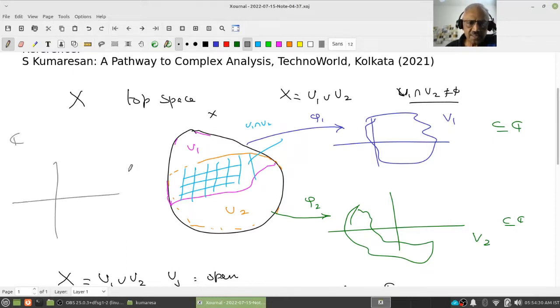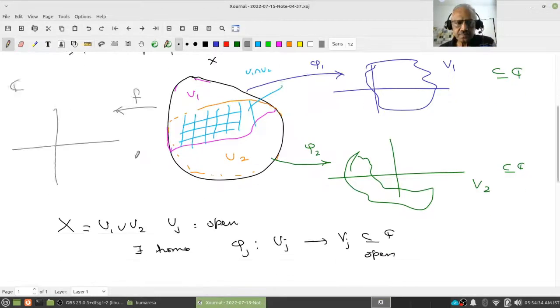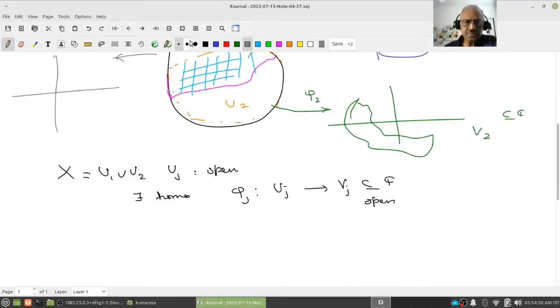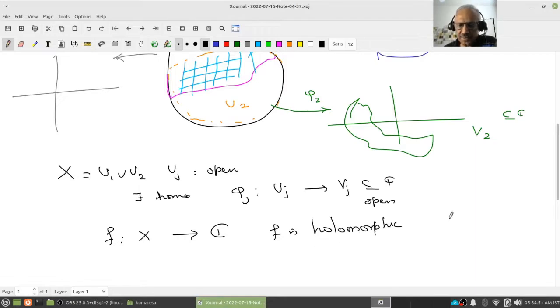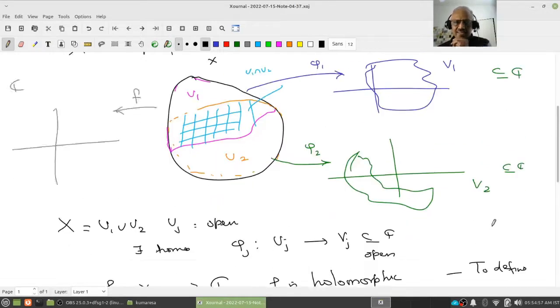Suppose I have a function f from X to C. I want to say f is holomorphic, and I want to define this. This is a standard trick.